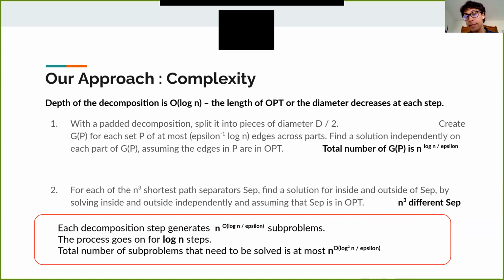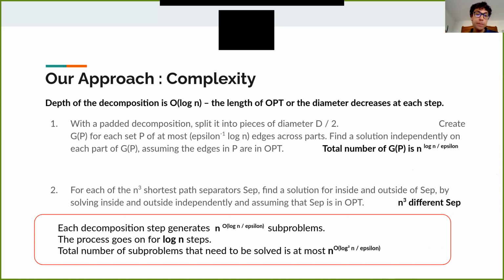When I'm doing step one, creating this padded decomposition and trying all tuples of size log n over epsilon, the total number of graphs G_P that I'm creating is at most n to the log n over epsilon. So I have n^(log n / epsilon) recursive calls out of this recursive call.